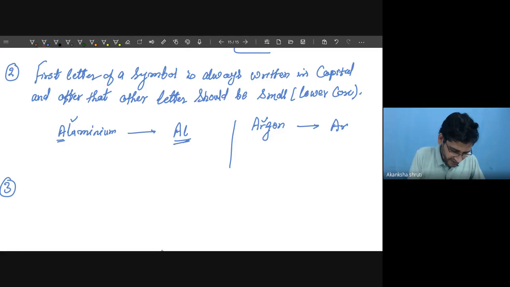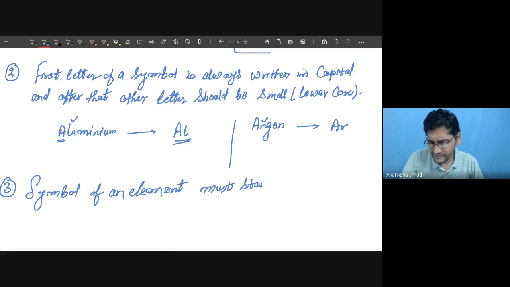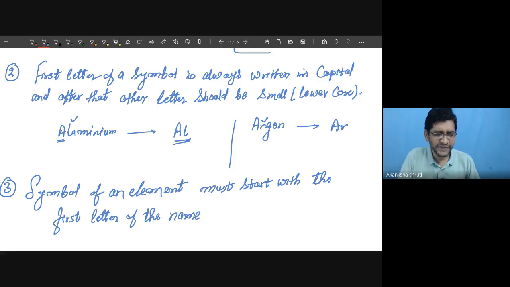So the symbol of an element must start with the first letter of the name, or it may be their Latin name.